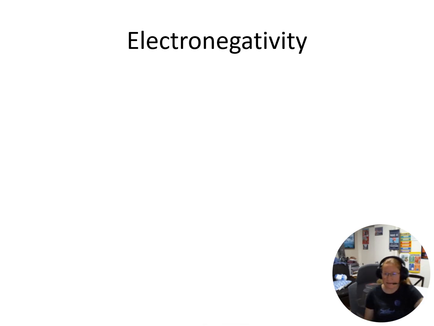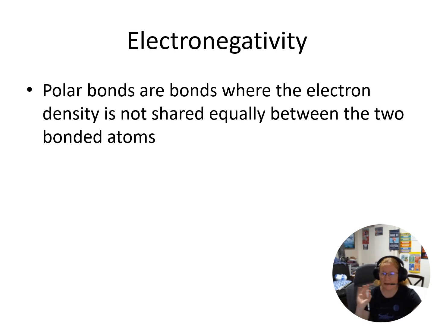Now, when we look at electronegativity, this is how we determine polarity, right? So every element has its own electronegativity value. And so when I have two atoms that are covalently bonded together that each have a different electronegativity value, I get a polar bond, where the more electronegative element attracts the electrons more strongly.